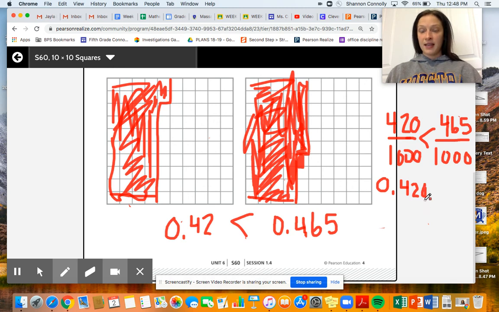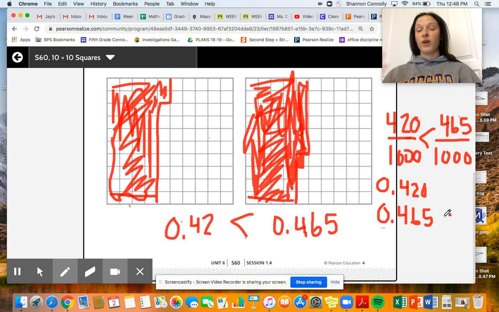So now, if I was comparing 420 thousandths to 465 thousandths, they extend to the same place value. So I have 420 thousandths and 465 thousandths. I can clearly tell which one is larger. When I think about making equivalent decimals, I think about extending them to the same place value so that it's easier for me to compare.